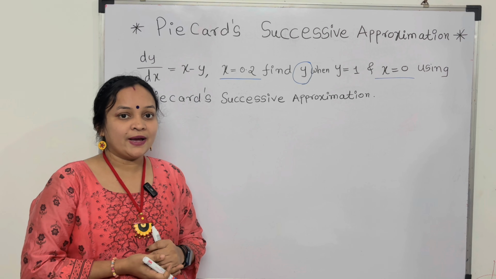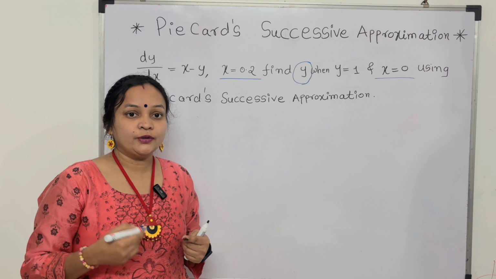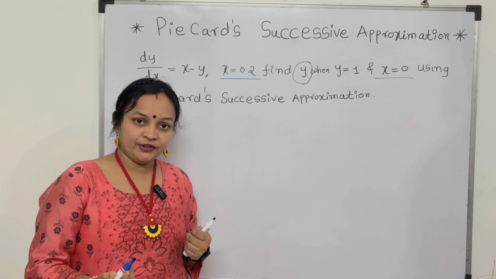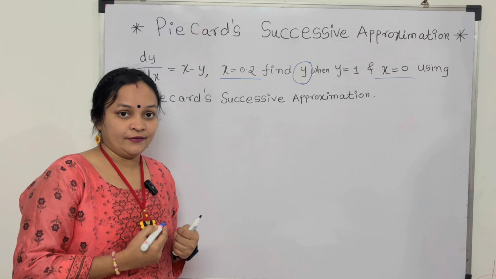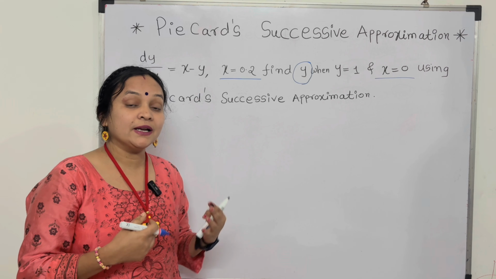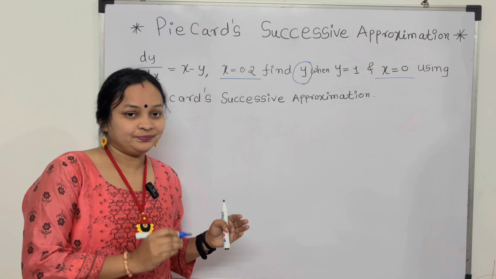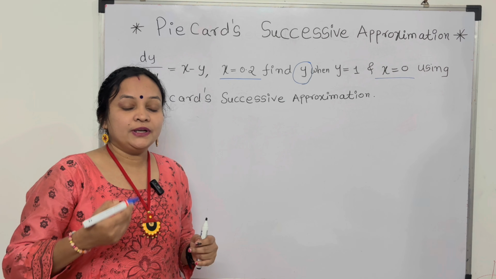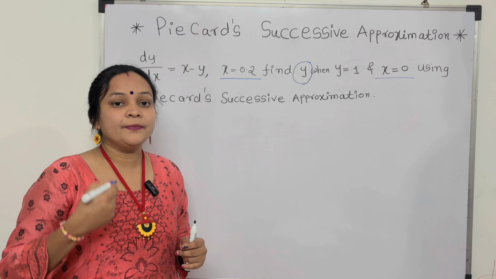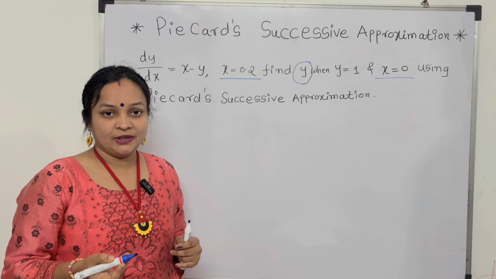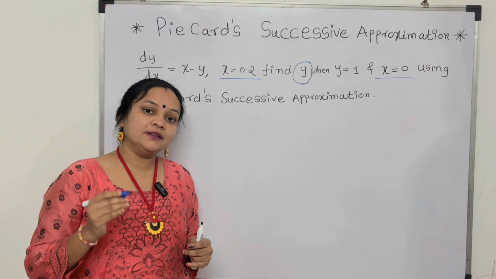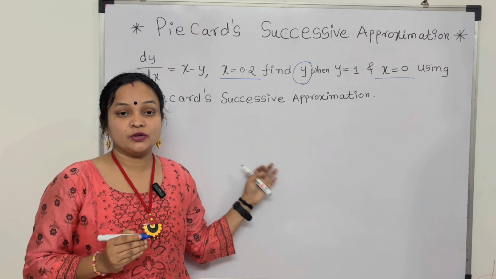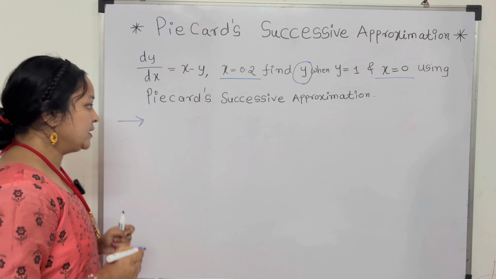In some numericals they also mention that you have to perform 2, 3 or 4 iterations, or else you are supposed to go for the accuracy level. Definitely this is an iterative, trial and error method. So you have to perform and check at which point you will get the higher efficiency through this form of method. So let us start.